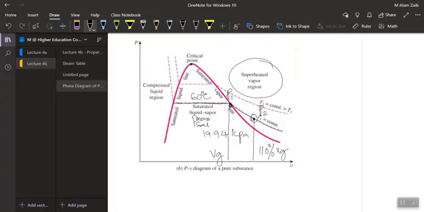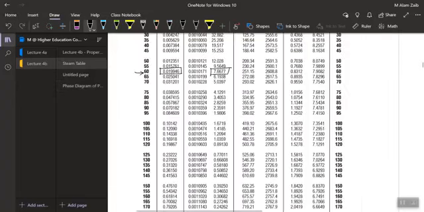So first thing first, let's find the different volumes. In our steam table, at a temperature of 60 degrees centigrade, we have a volume Vg equal to 7.6677. That's what is written.